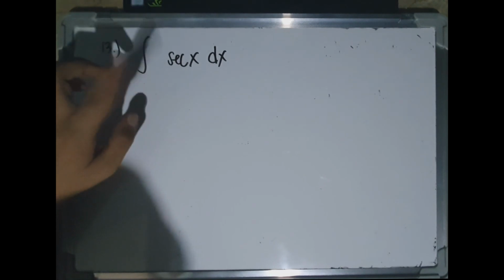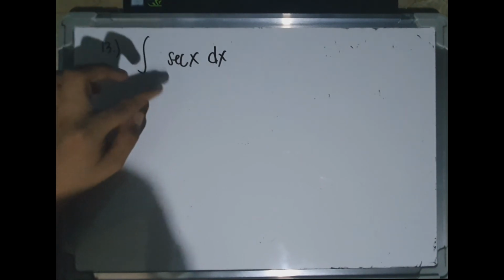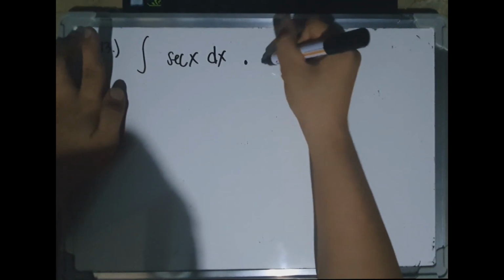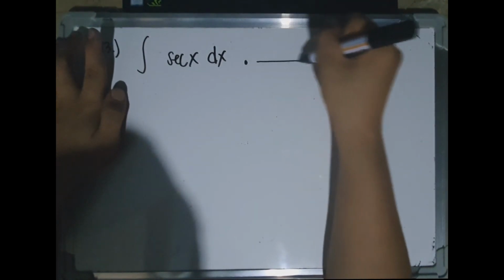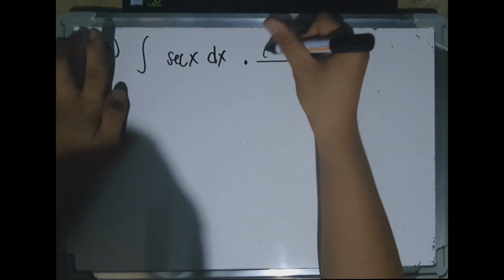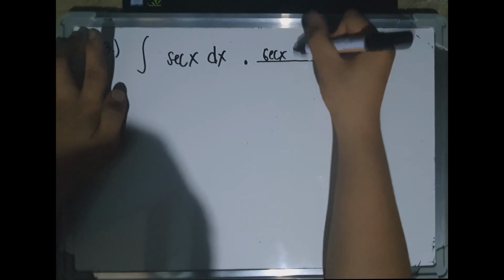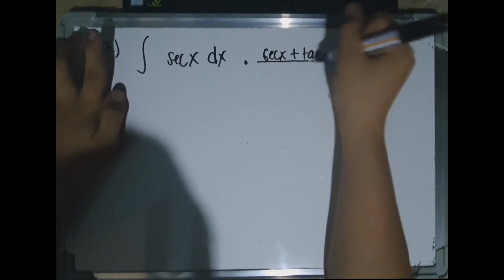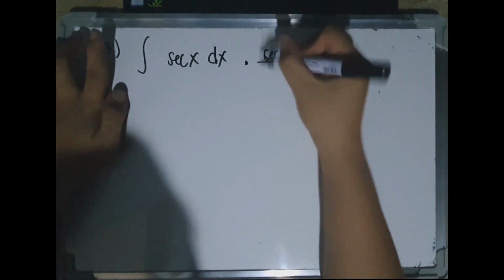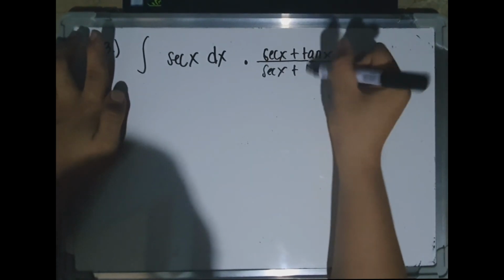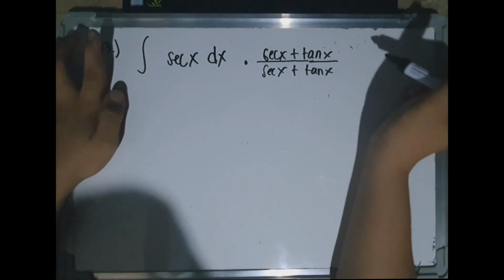But what kind of value of 1? If we multiply this term with secant x plus tangent x, so to have a value of 1, so also with the denominator, secant x plus tangent x.